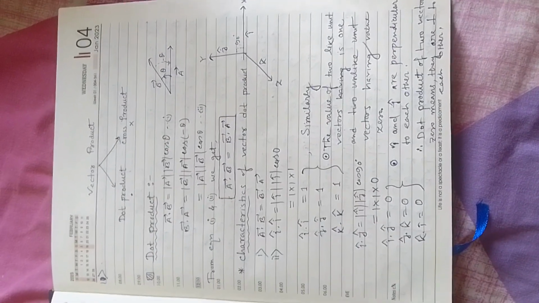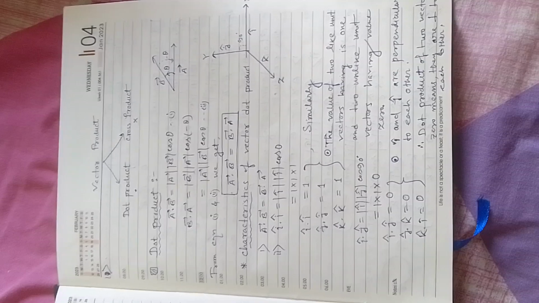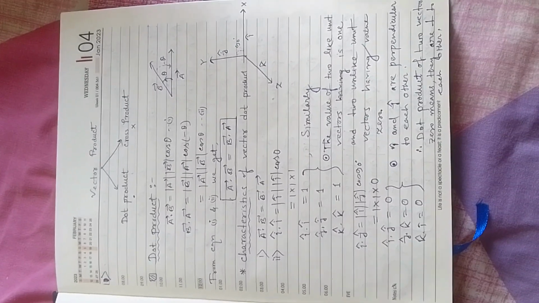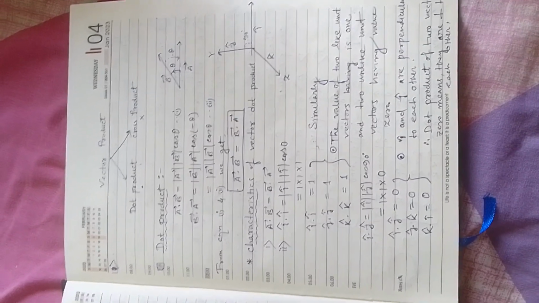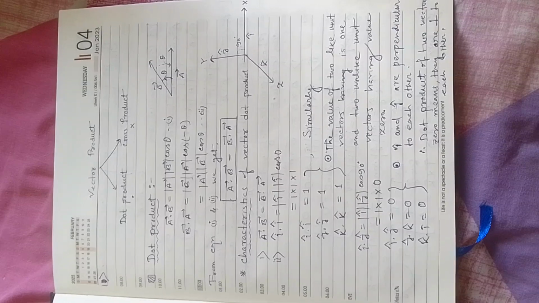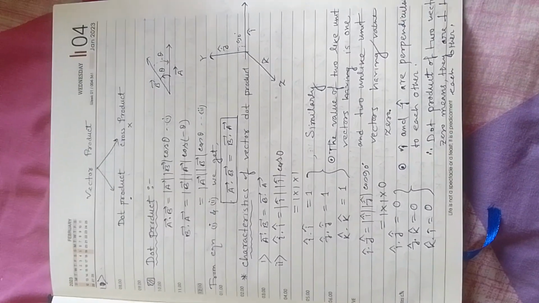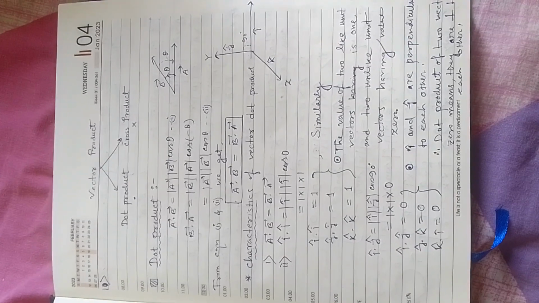Another topic of vector is product. Actually, there are two kinds of vector product: dot product and cross product. Look at the figure for the dot product.